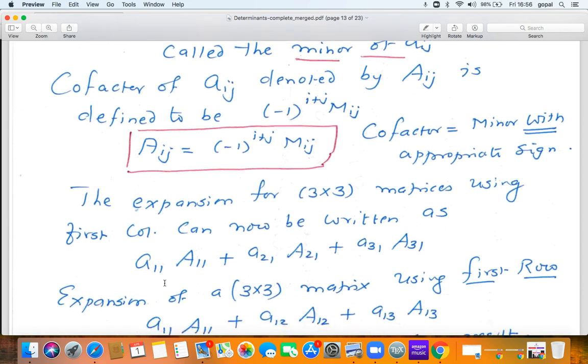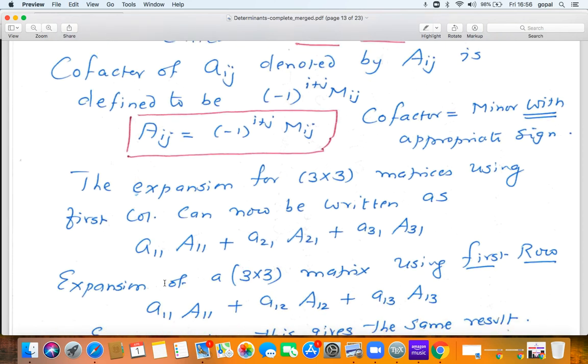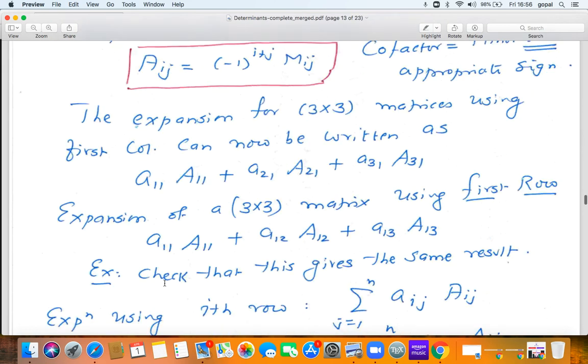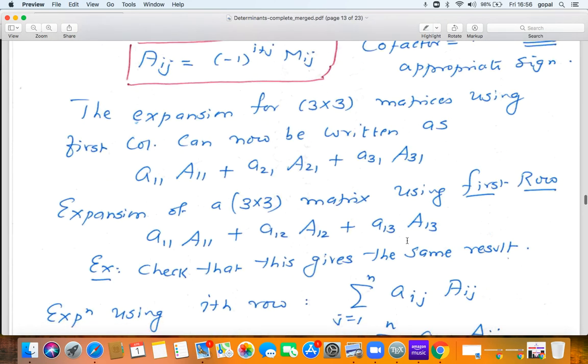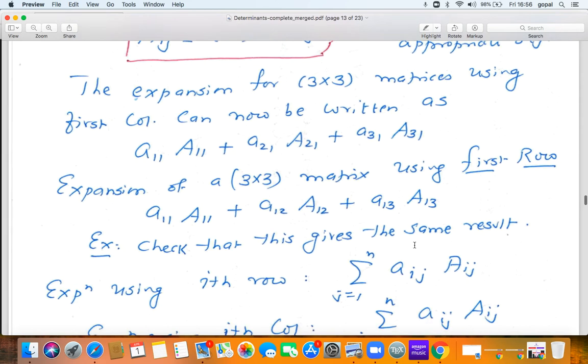Expansion using the first row also has a very neat appearance: a11 capital A11, plus a12 capital A12 plus a13 capital A13. We checked that all these things give the same result. Both expansion of the first row and expansion of the first column give you the same result.